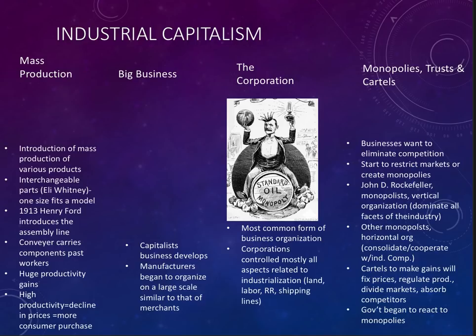Instead of having 5 different cotton machines and 5 different parts, where if one breaks down you have a problem, Eli Whitney said, I'm just going to make one model, and then if anything ever happens, you can use the same parts for any model of cotton machine. That really helped speed up the process and meant not having to worry about finding certain parts. We also see in 1913 Henry Ford introduce the assembly line, and the conveyor will carry components past workers, and that worker has that one job.